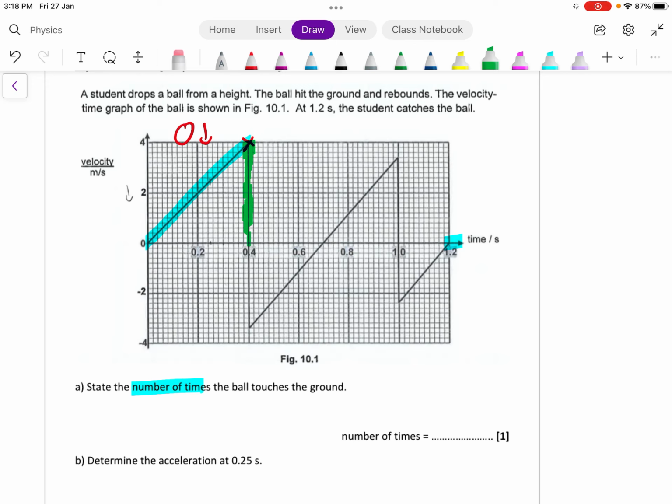But in order to rise, you need to gain speed in the opposite direction. So at this part, in the negative region, you're gaining speed in the opposite direction, but still in touch with the ground. Then at this particular part, you begin to rise already.